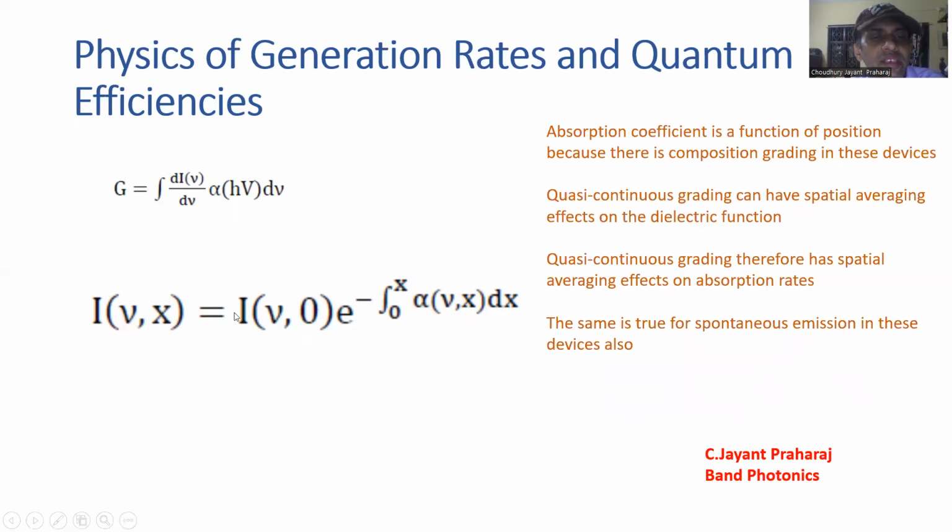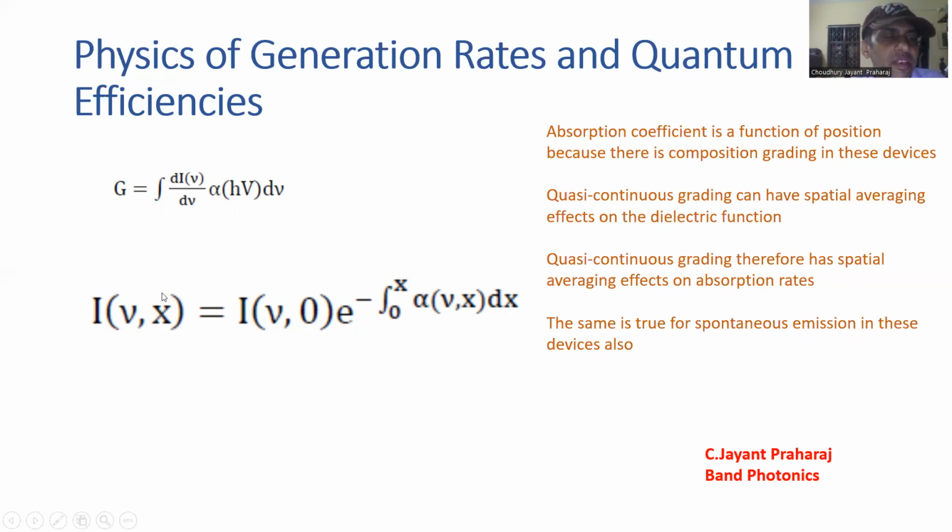Then the incident intensity typically varies from the top of the solar cell as we go towards the bottom of the solar cell through this exponential kind of variation dependence due to the absorption that takes place in this material. Now, the quasi-continuous grading can have spatial averaging effects on the absorption rates, and that is a physics to keep in mind while determining efficiencies.